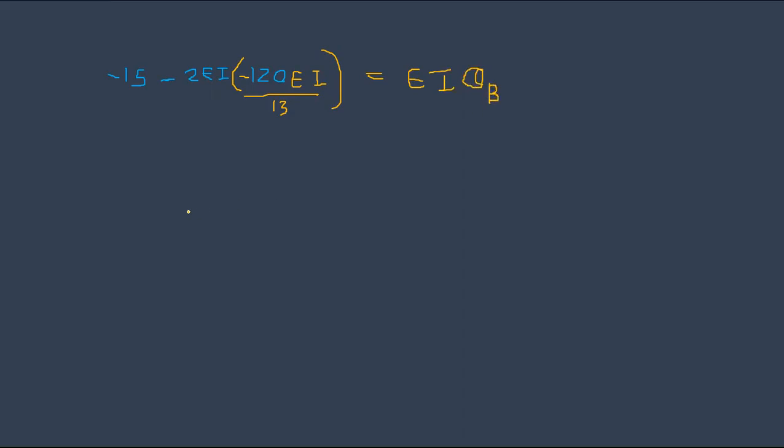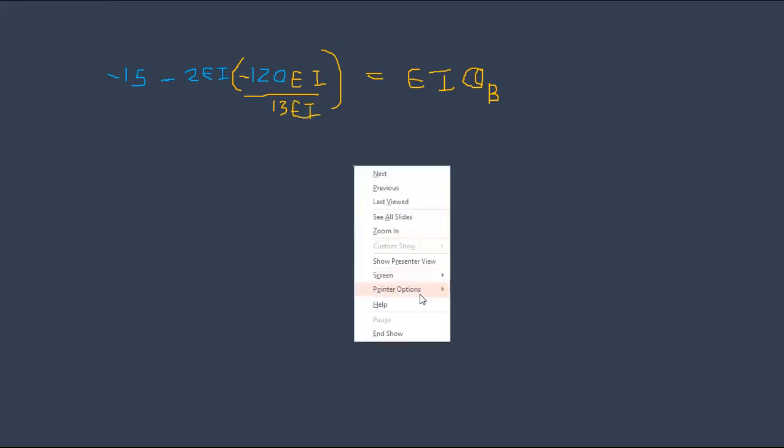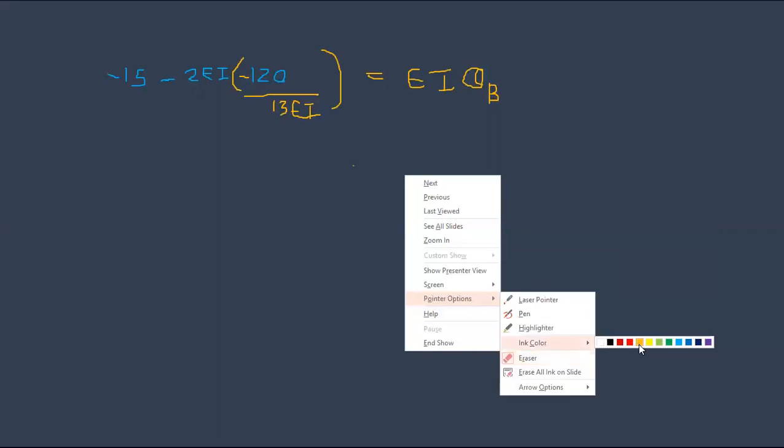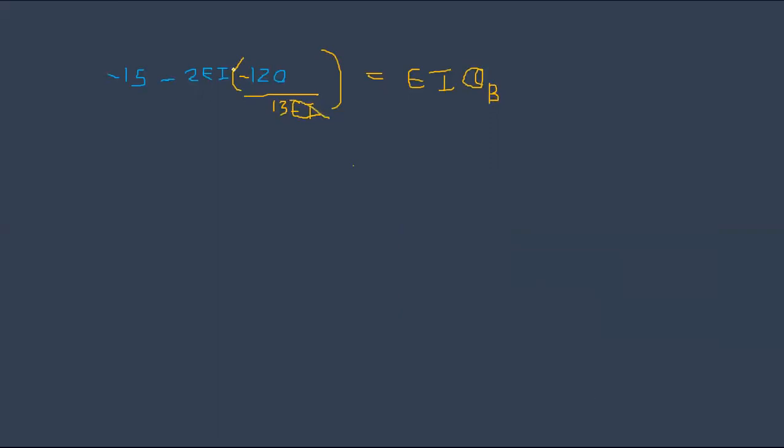Right. So here, EI is the denominator. So that's going to give you what? How much? Minus 15 plus 240 over 13. 45 over 13.